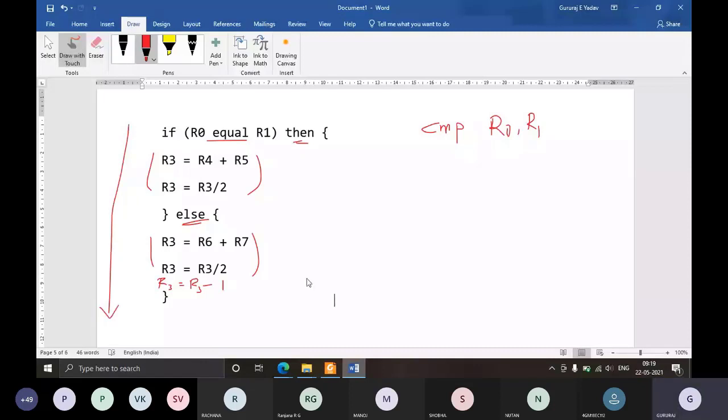Since we are dealing with only 4 statements, we can implement it in IT instruction because the maximum instructions IT supports is 4.